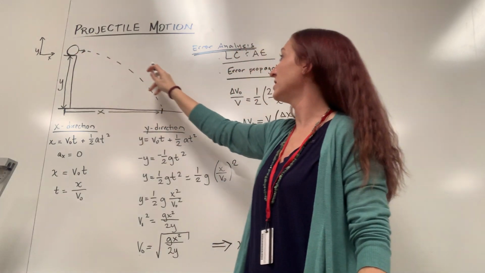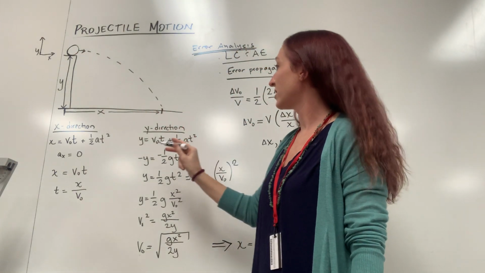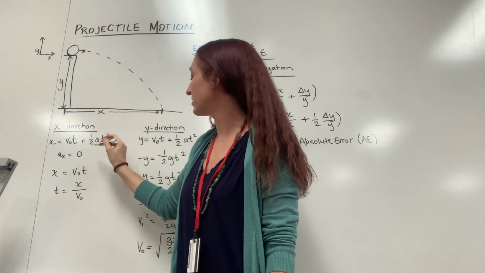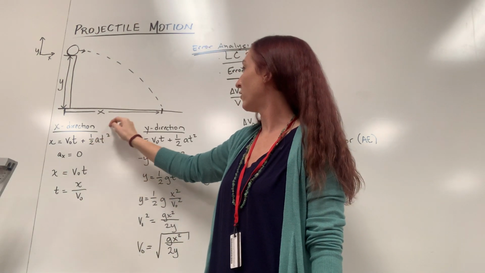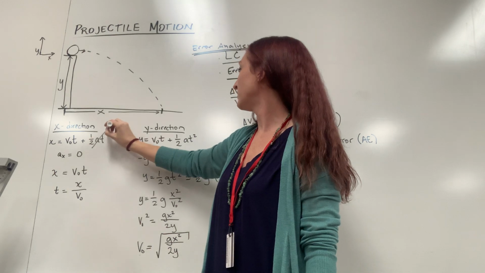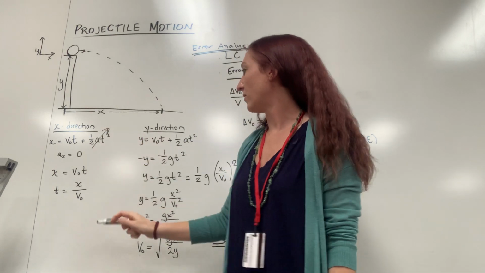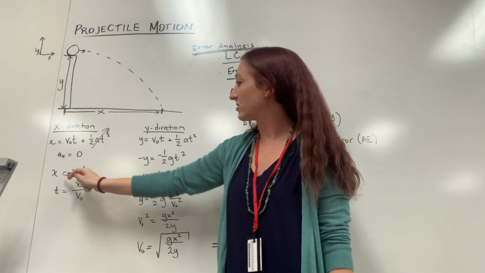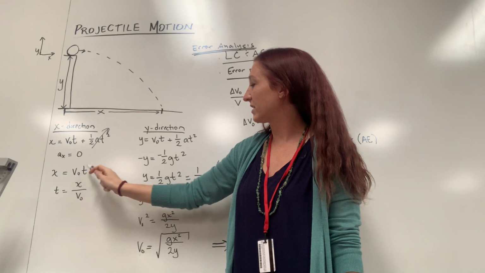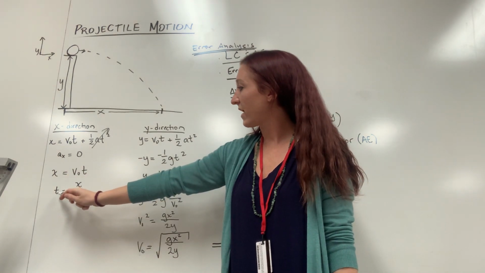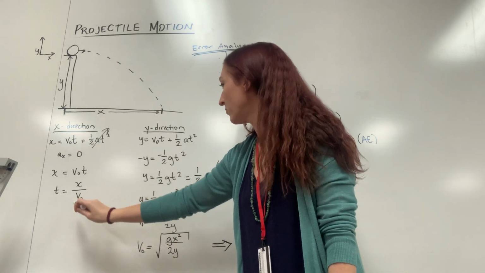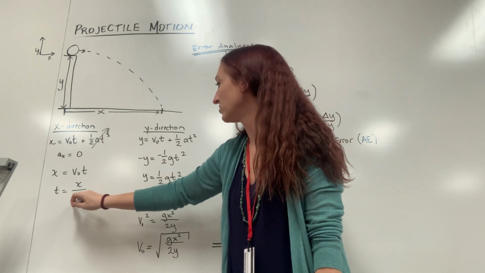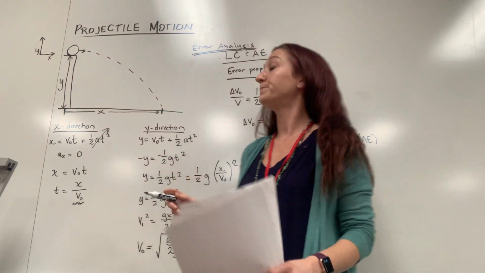It's just going to continue moving in that direction without any sort of force of acceleration acting on it after the initial shot. So our acceleration times time can then go to 0, leaving us in our X direction with simply V naught times T. If we solve that for T, we have X over V naught. This is what we're hoping to find here, this initial muzzle velocity of the gun.